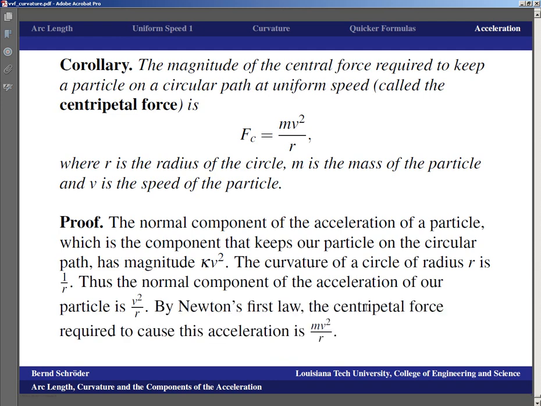And by Newton's second law, the centripetal force to cause the acceleration then is mass times acceleration, which is mv squared over r.